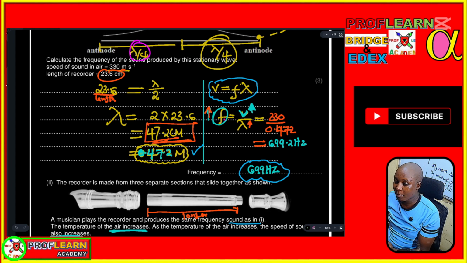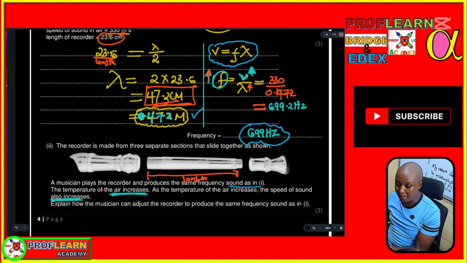The way we can reduce this frequency is by increasing the wavelength. If you increase the wavelength, you reduce the effect caused by the increase of the speed. So if you increase the wavelength, you are going to reduce the frequency, so that it becomes this.